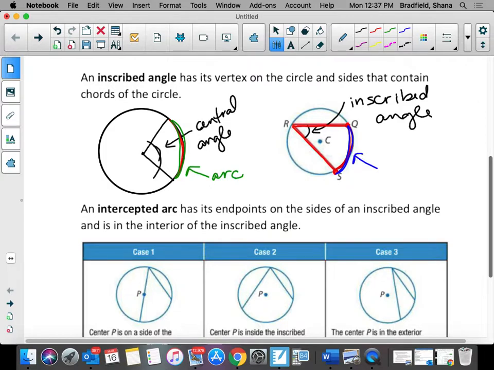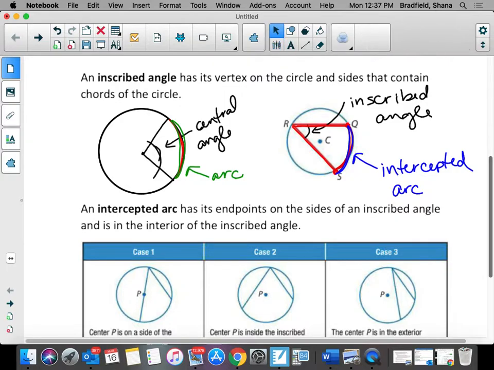When an arc is formed by an inscribed angle, it is called an intercepted arc. So lots of terminology here to get straight.